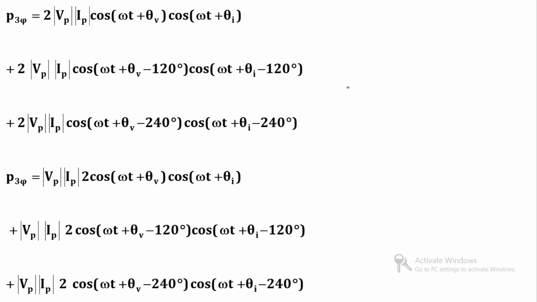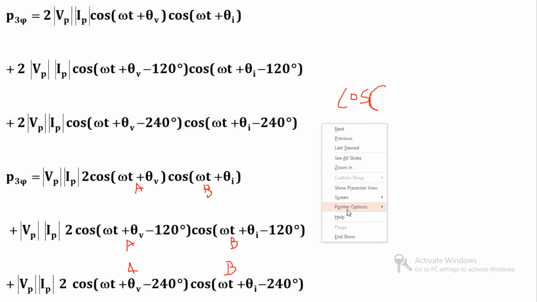Here we have to do cos A plus B and cos A minus B. So here this is the angle A, this is the angle B. Similarly, this is the angle A, this is the angle B, and for this term this is the angle A and this is the angle B.